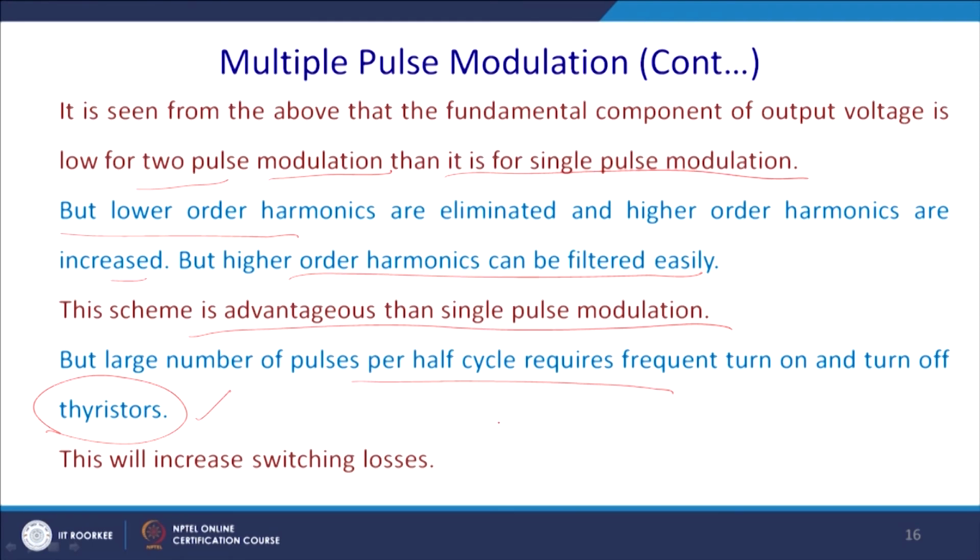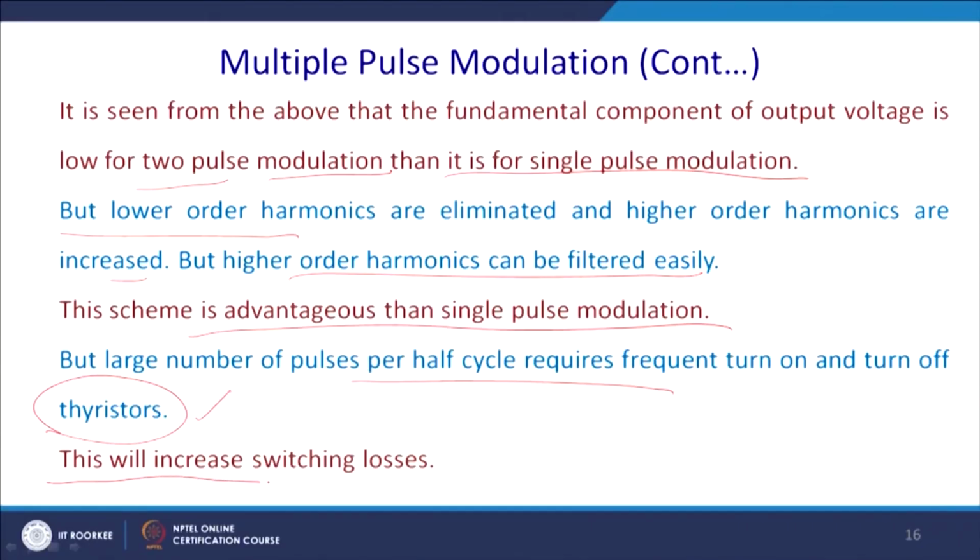Moreover, you will have more switching losses. We require some kind of compactness study to decide which one to go for. This increase in switching loss is the major disadvantage of it.